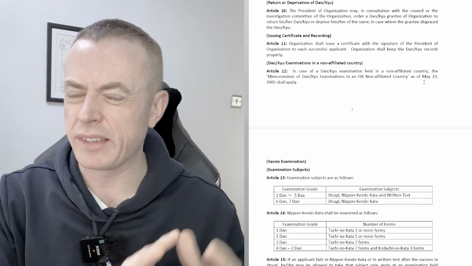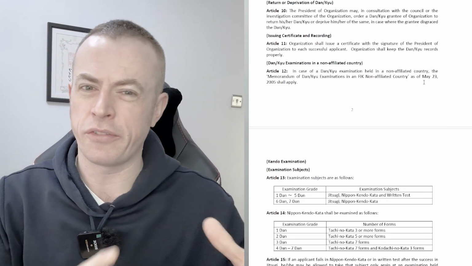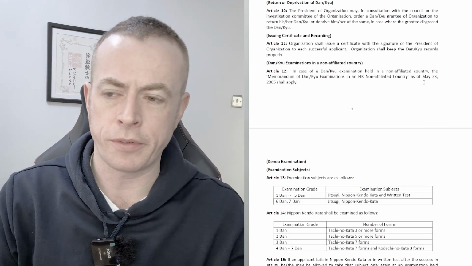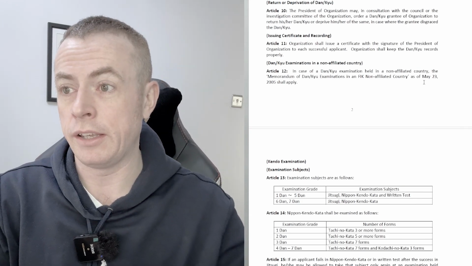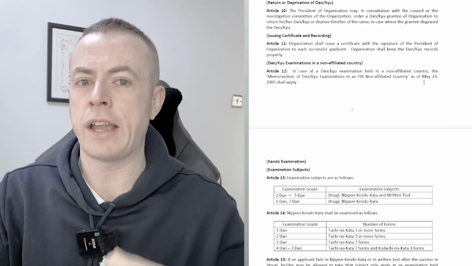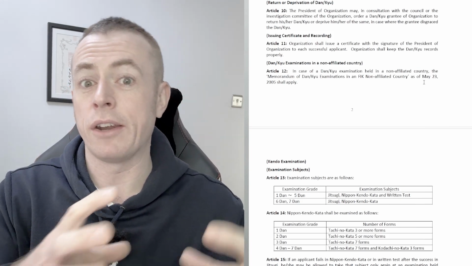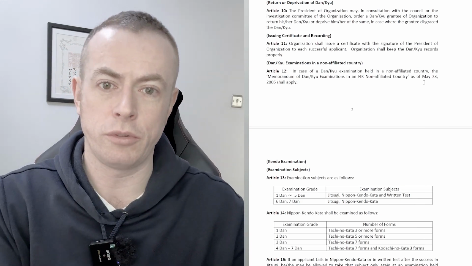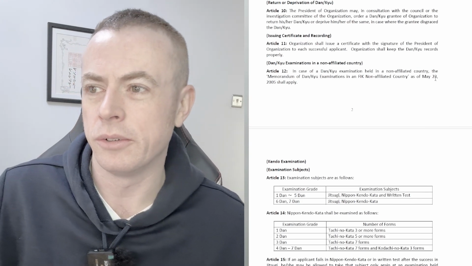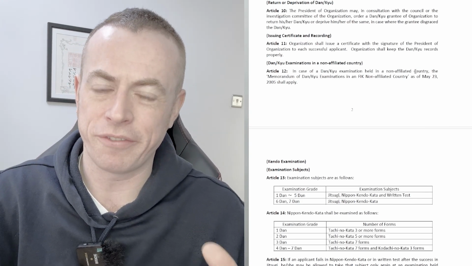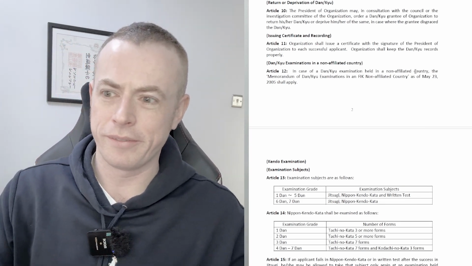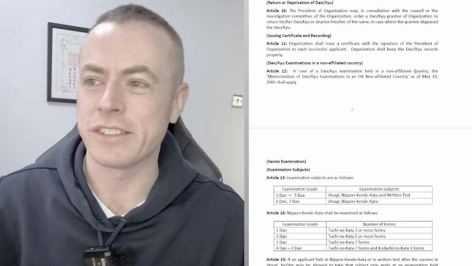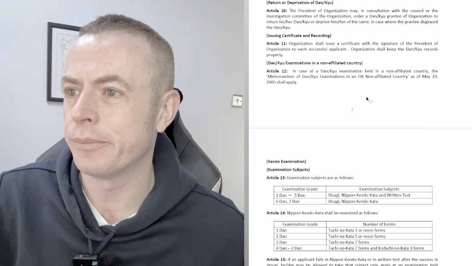It's a very different structure to how the Japanese Federation is structured, for example. And the chairman doesn't necessarily sign everybody's grading certificate. It's signed instead by our grading officer, who's the person in charge of doing that. So it's the same thing in effect, because they have the authority to do it. It's just a different system. It's a guideline, all right? So don't be freaking out if it's a little bit different.